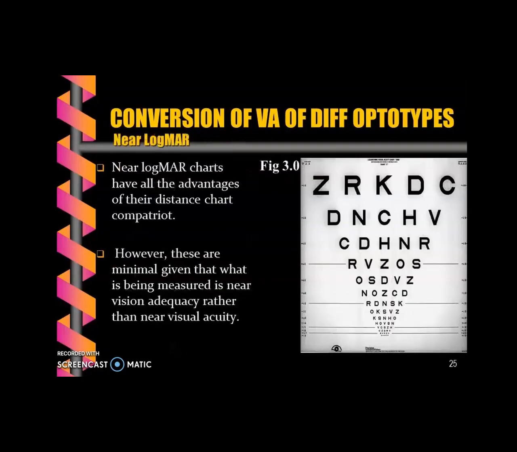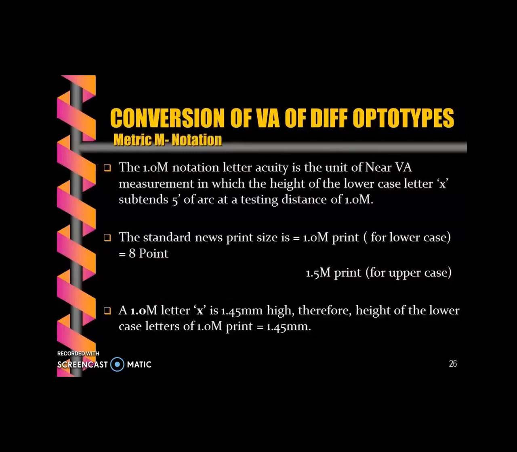The near Logmar charts have all the advantages of their distance chart compatriot. However, these are minimal, given that what is being measured is near vision adequacy rather than near vision acuity. And the metric notation. The 1M notation letter acuity is the unit of near VA measurement in which the height of the lowercase letter x subtends 5 minutes of arc at a testing distance of 1 meter.